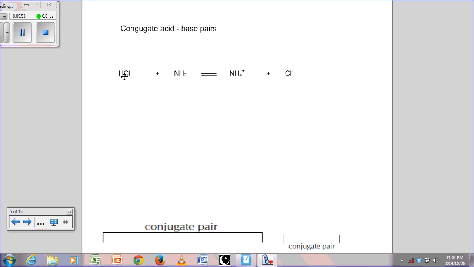So the HCl must donate an H+ ion, and the NH3, which the HCl is reacting with, will accept the H+ ion. As a result, the HCl will become Cl- because it donates the H+ ion. And the NH3, which receives the H+ ion, will not be NH3 anymore. It will become NH4+ because it received an H+ proton from hydrochloric acid, and it becomes the NH4+ ammonium ion.